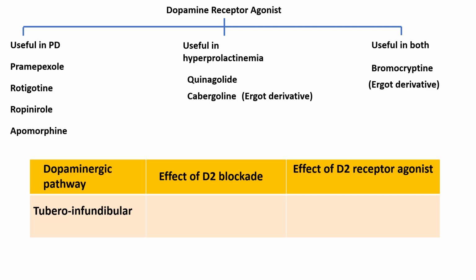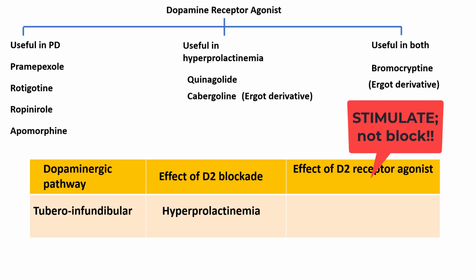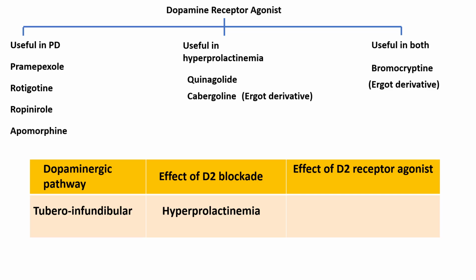When this pathway is blocked, for example when we administer the typical antipsychotics, hyperprolactinemia occurs. So it's quite logical that if we stimulate D2 receptors in the tuberoinfundibular pathway, we can treat hyperprolactinemia. And that forms the basis of the use of dopamine receptor agonists in the treatment of hyperprolactinemia.